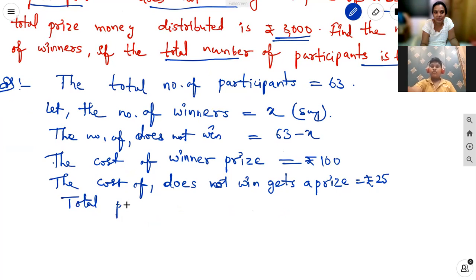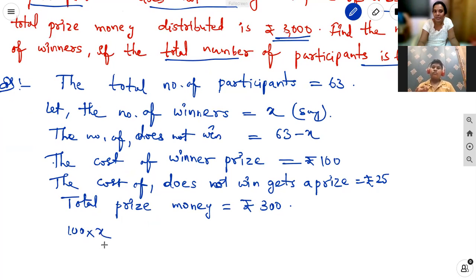Total prize money, how much? 3,000 rupees. So we don't know the winners, but let it be x. That means 100 rupees into the number of winners, plus 25 rupees into those who do not win but get the prize, where the persons are 63 minus x. Total amount is 3,000 rupees.